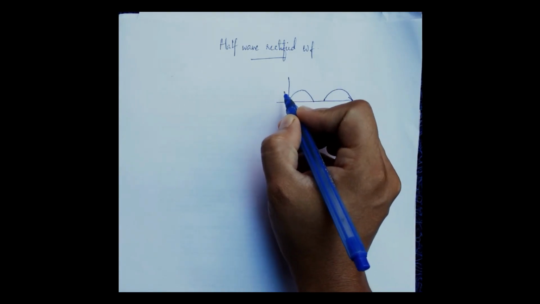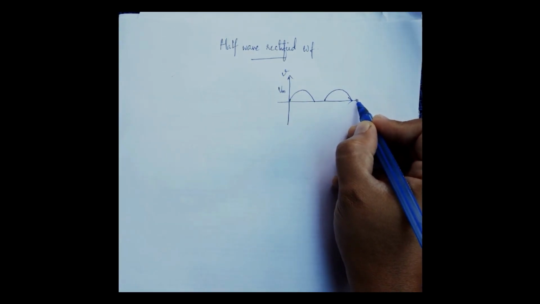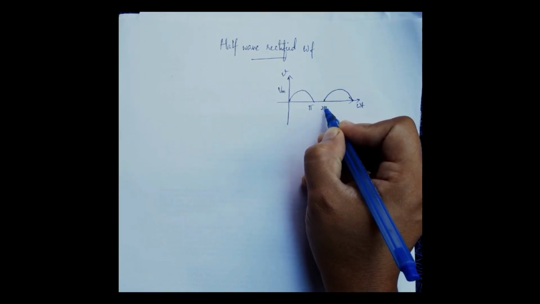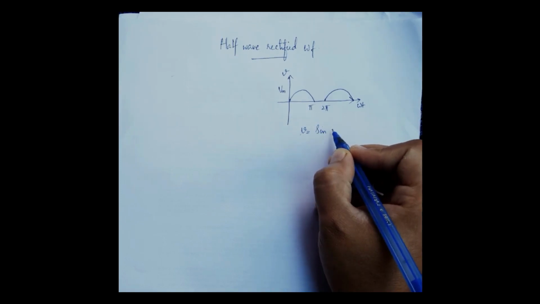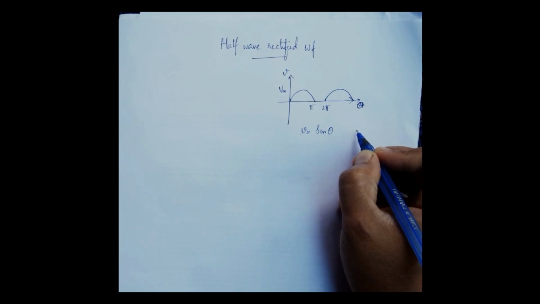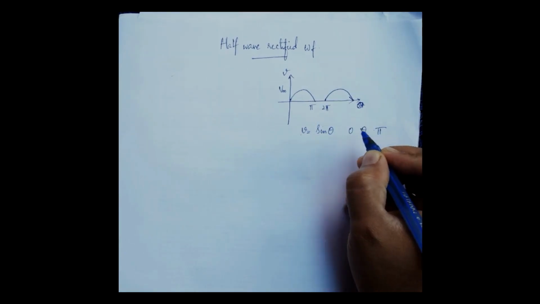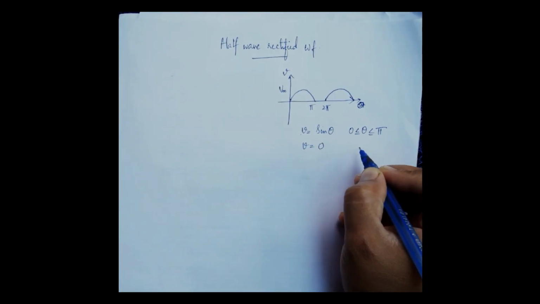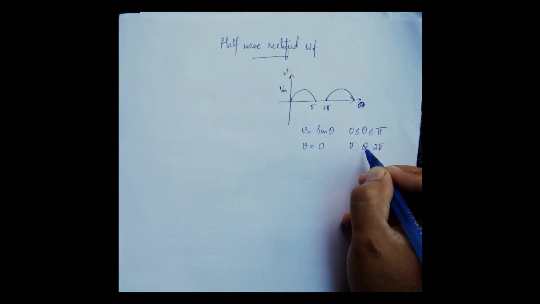So this is a half wave rectified wave. The equation of a half wave is Vm sine theta for theta between 0 to pi, and V is 0 for theta between pi to 2 pi.